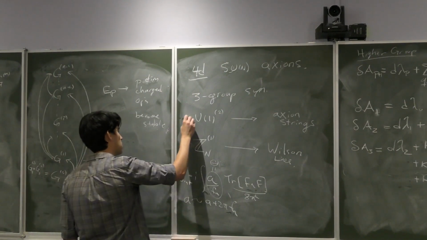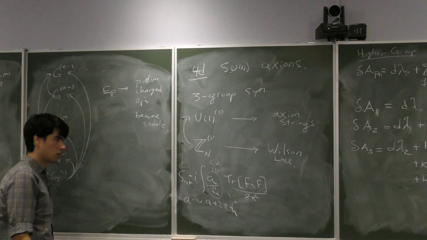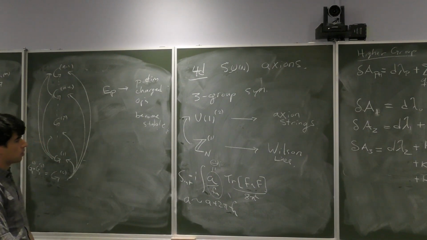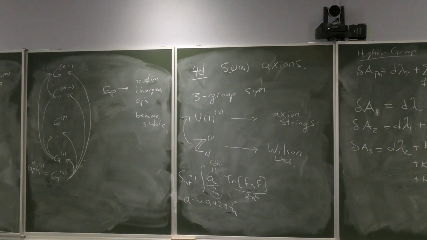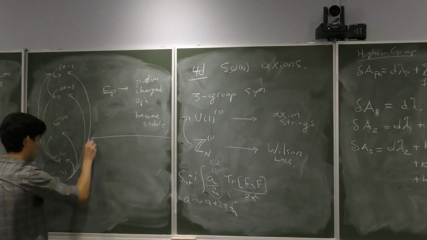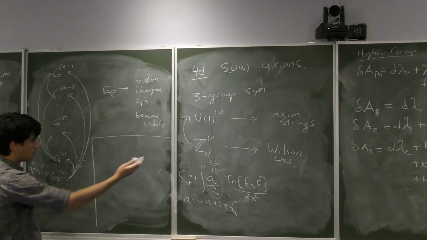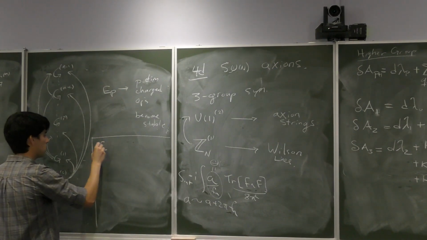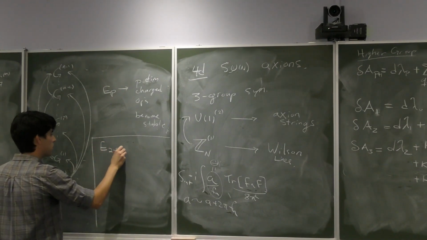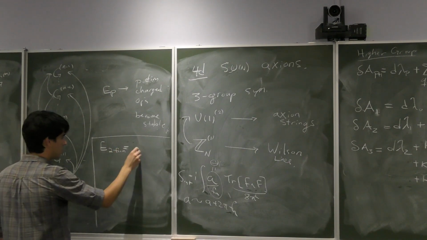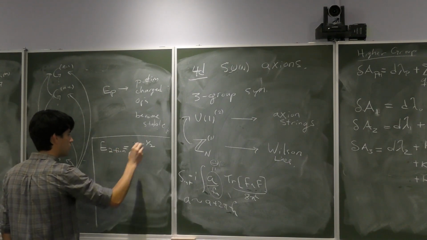And what it is, it's mixing these into here. And so the question you might ask then is, what does this hierarchy imply? So in this theory, you only have to worry about two scales. So you have this two-form energy, and this is going to be set by the tension of the axion string.